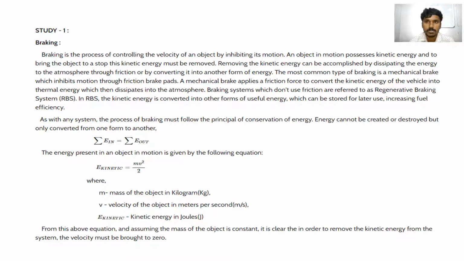The most common type of braking is mechanical braking, which inhibits the motion through friction brake pads. Everybody knows it is the most popular and common method for all types of vehicles, engines and motors. Clear?